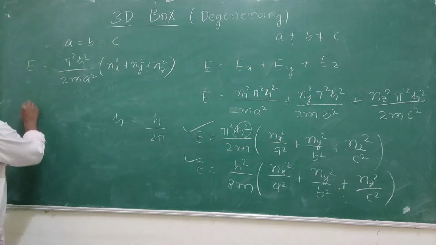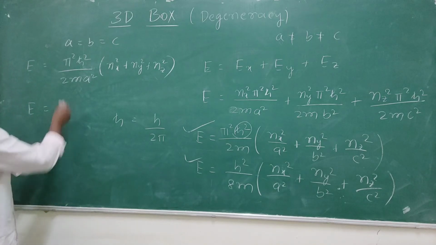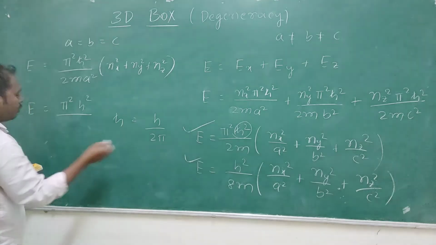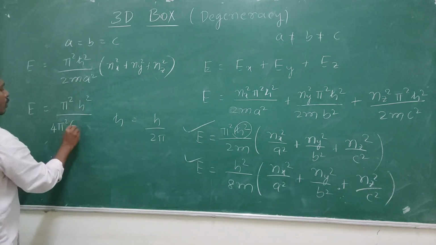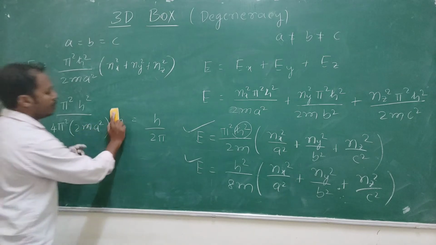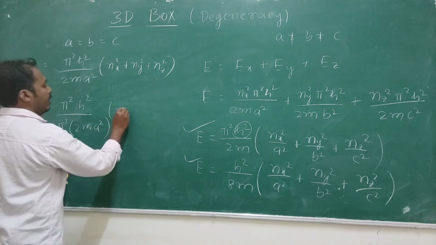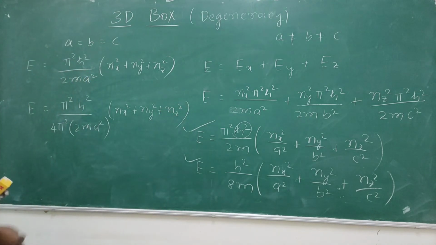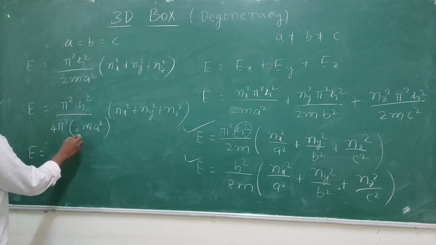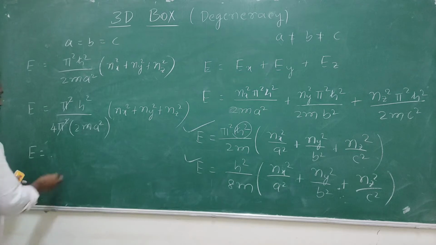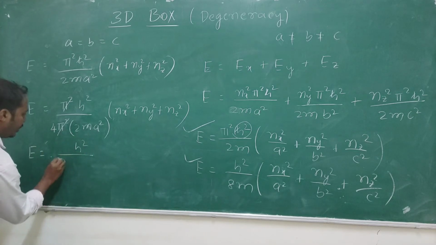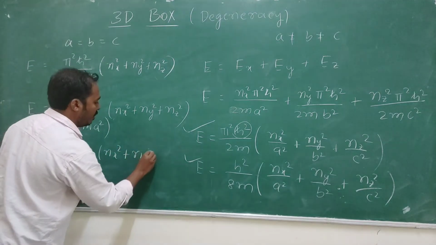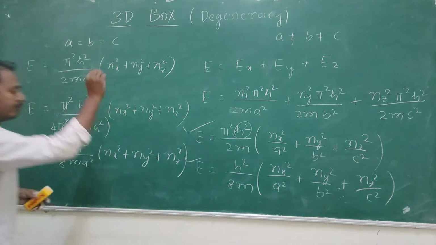In this case, π² ħ² is nothing but h by 2π whole squared, so h² divided by 4π² into 2m a² into nx² plus ny² plus nz². The π² cancels, so the remaining term is h² divided by 8 m a² into nx² plus ny² plus nz².